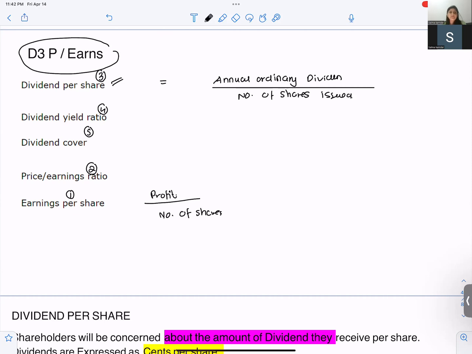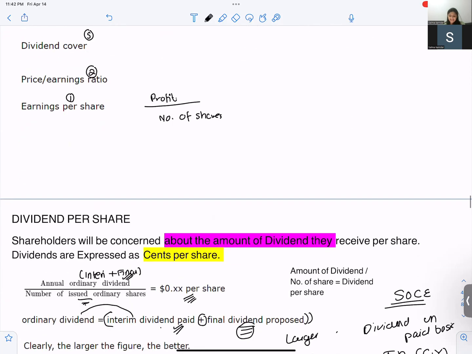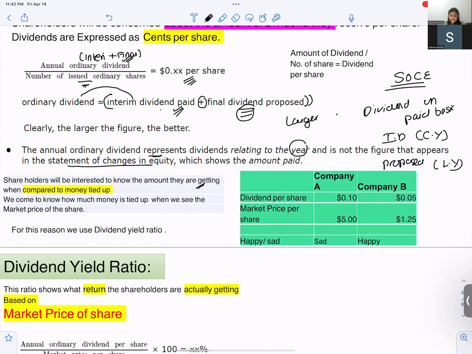My shareholders at every point of time will be interested to know how much money they are getting, compared to the money that is tied up.